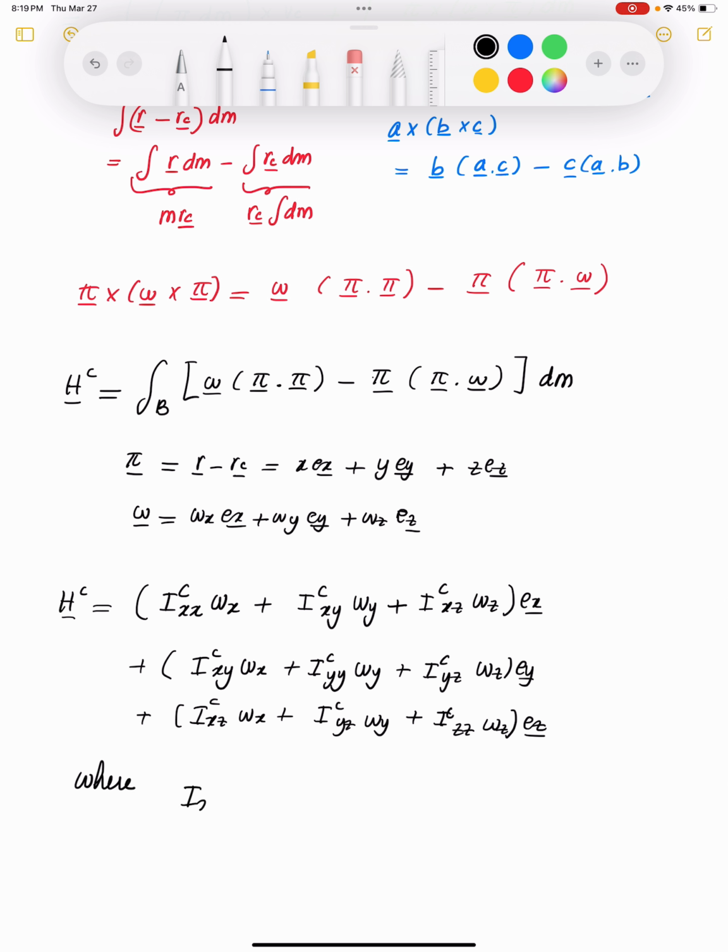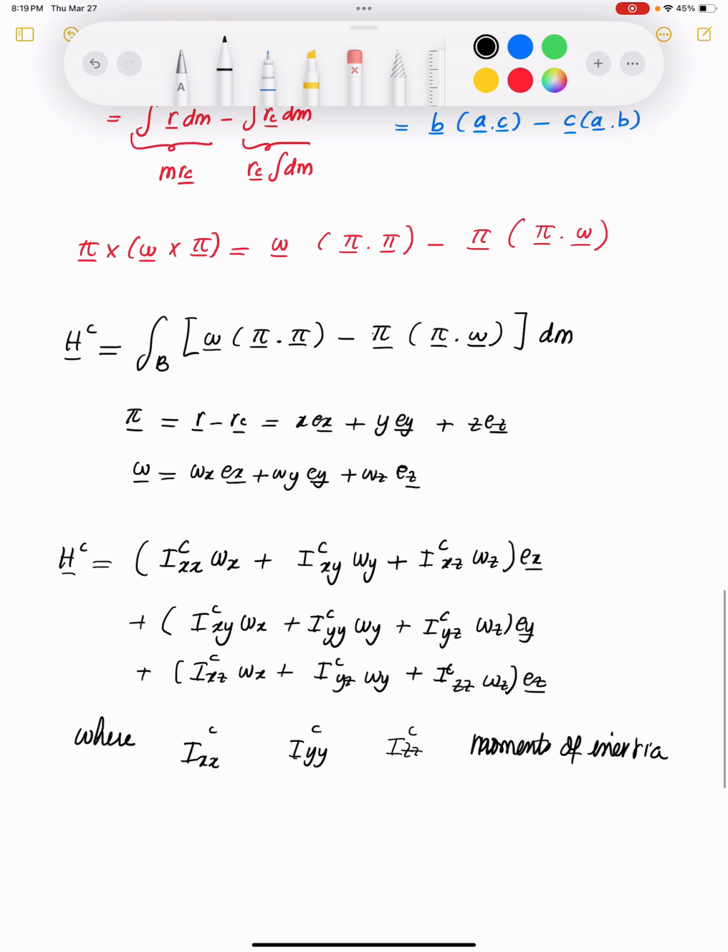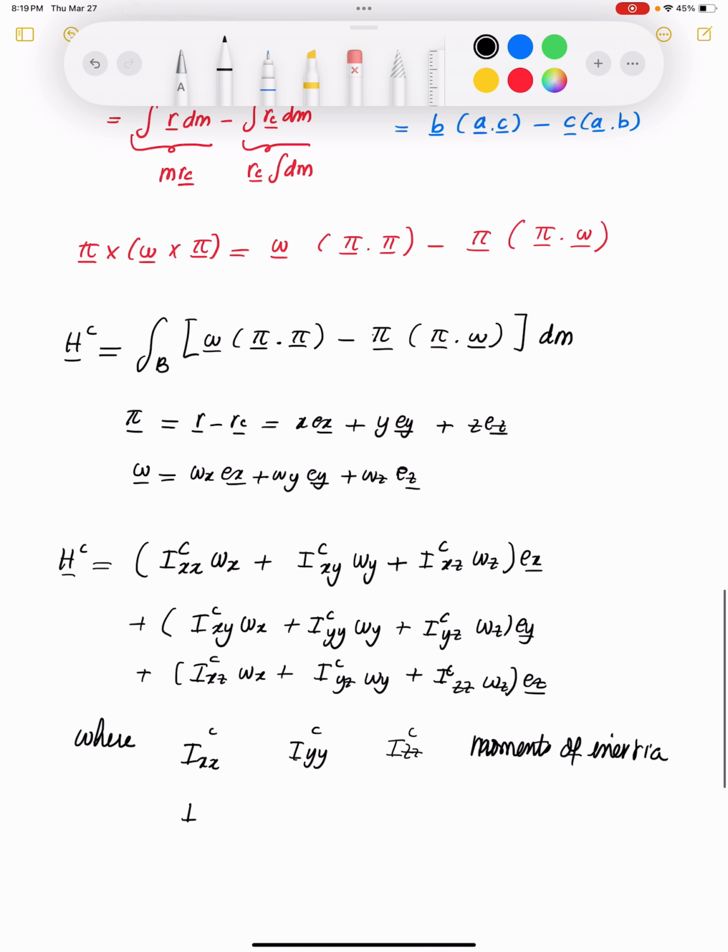Actually, the Ixx, Iyy, Izz, these are called the moments of inertia, about x, y, and z. And the Ixy, Ixz, Iyz, they are called the products of inertia.